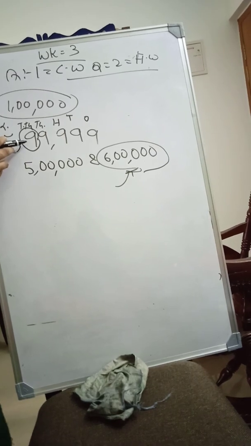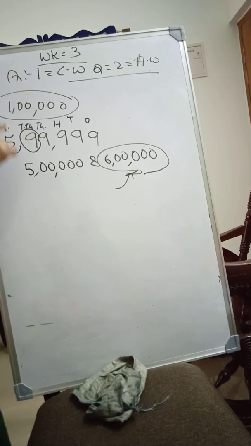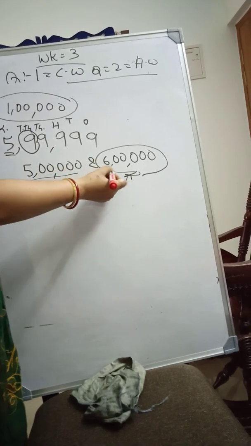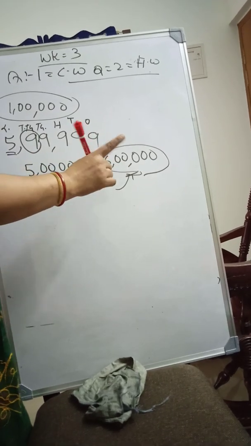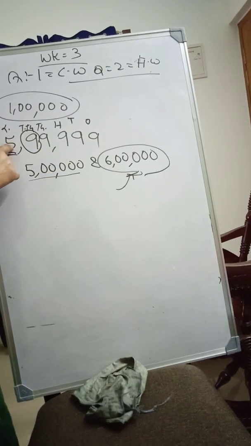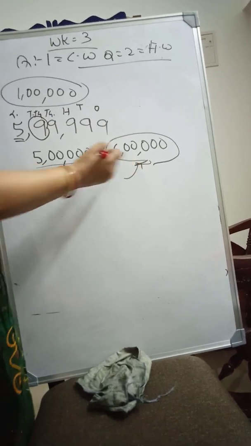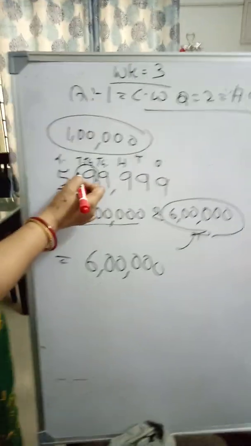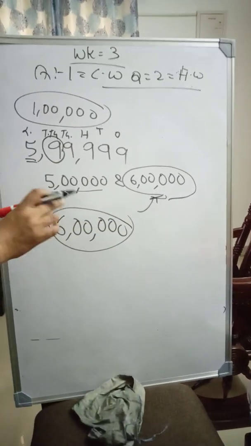So here it is 9, then we have to round off to the nearest multiple of 1 lakh, which should be more than 5,99,999. यहाँ पे आप देखो, जो 5 लाख और 6 लाख दोनों ही 1 लाख का मल्टीपल है। 5 टाइम्स ऑफ 1 लाख इज 5 लाख, 6 टाइम्स ऑफ 1 लाख इज 6 लाख। लेकिन कौन सा नंबर एप्रोप्रिएट होगा राउंडिंग ऑफ के लिए? 6 लाख। क्यों? क्योंकि 5,99,999 6 लाख के नज़दीक है। जो नंबर नज़दीक होगा दैट इज द राउंडिंग ऑफ, ये एस्टिमेटिंग है। So what is the rounding off of 5,99,999? It is 6 lakhs. So 6 lakhs is the correct answer.